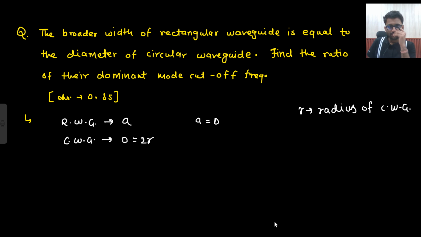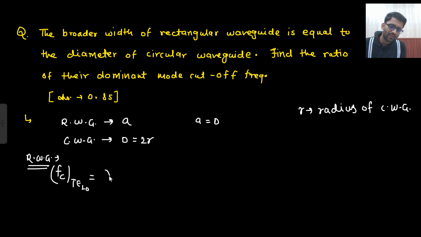Find the ratio of their dominant mode cutoff frequency. So what is the formula for TE10 mode? TE10 mode is there in the rectangular waveguide, so we are talking about the rectangular waveguide. The formula is Vp by 2a.